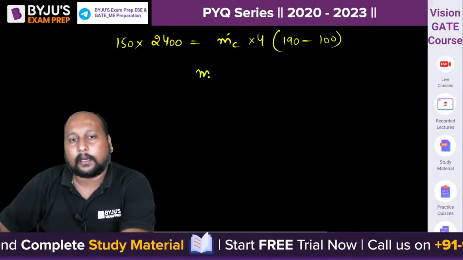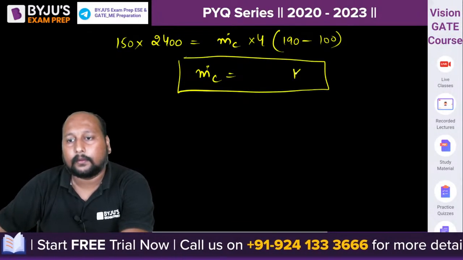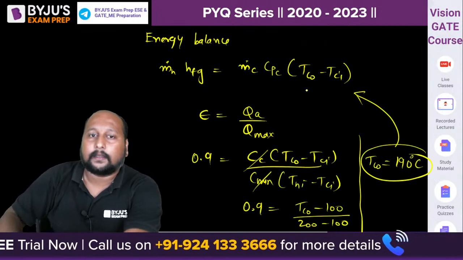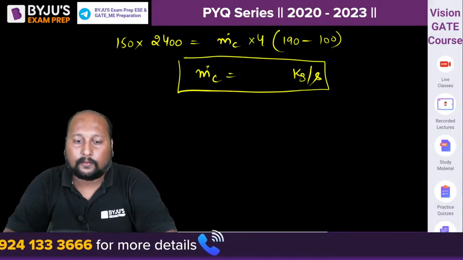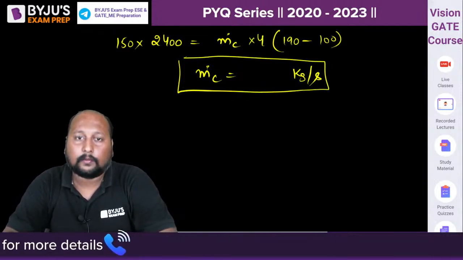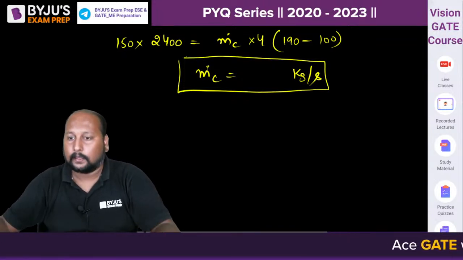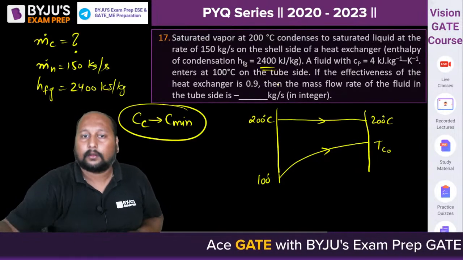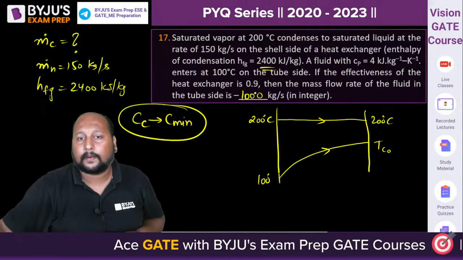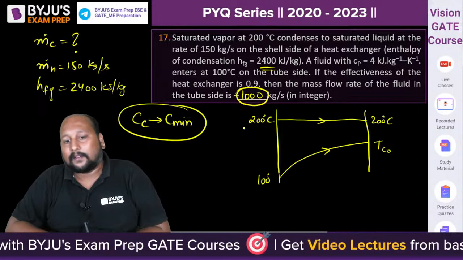So from here I can get the value of mass flow rate of the cold fluid is equal to how much kg per second? बताइए, how much kg per second? 150 into 2400 divided by 4 divided by 90. 1000? Yes. Are we getting 1000 kg per second? Nearest integer, 1000 kg per second is the correct answer. Okay, 1000 kg per second is the final correct answer.